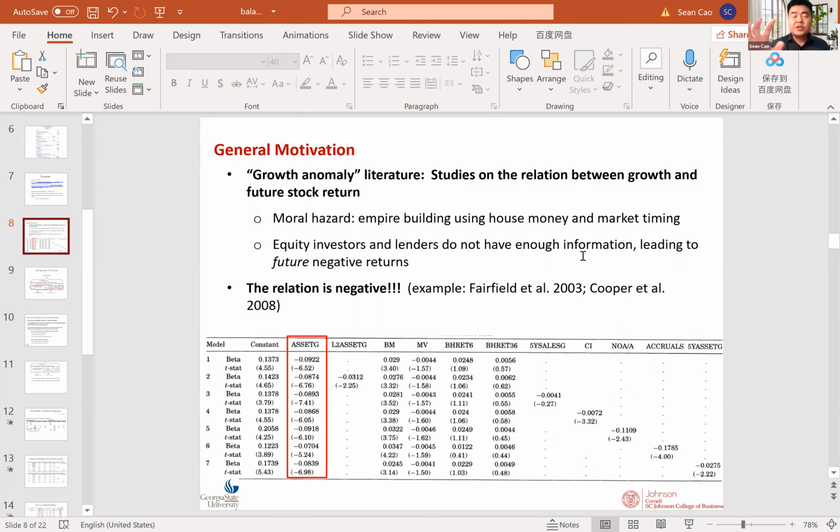So there's an agency problem here: the managers are using the house money to expand the firm for their own control, and that's the problem. Another problem is investors do not know what the manager is actually doing. Taking the example again, you have your friend doing homework.